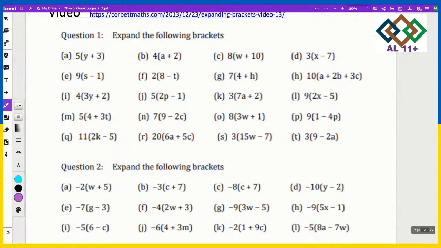That's opening the brackets. How would you do it if you have something like open the brackets? So come on, guys. Be ready and show your hands. Okay, thumbs up.